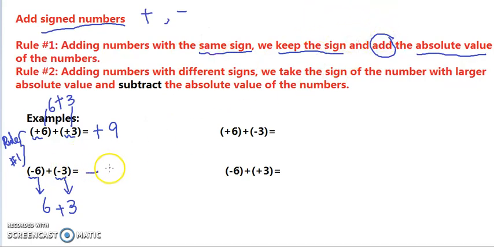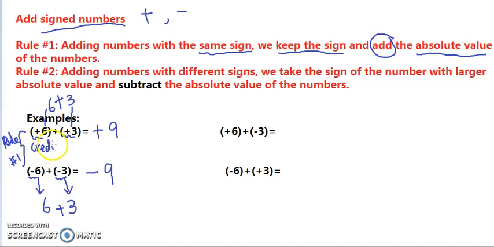So we add them. We can use a real life example to explain why we keep the sign and why we add instead of subtracting. A positive number, we can think of as a credit.